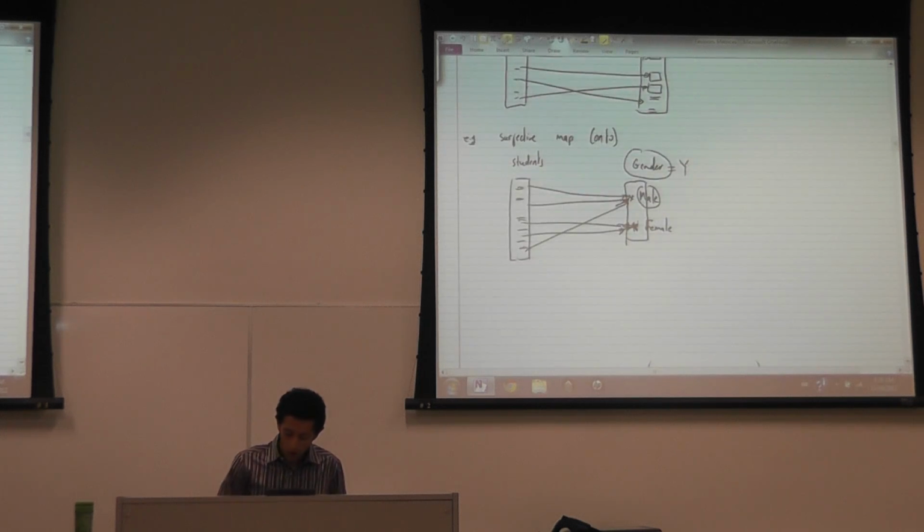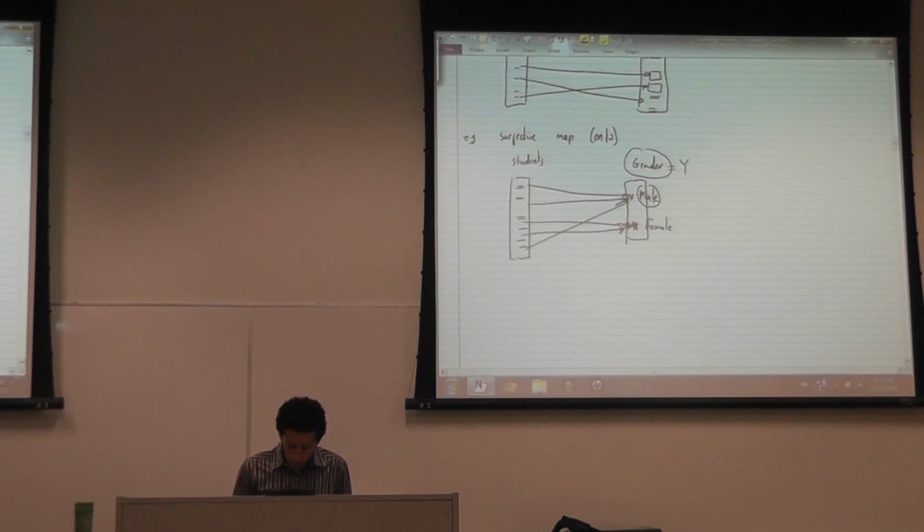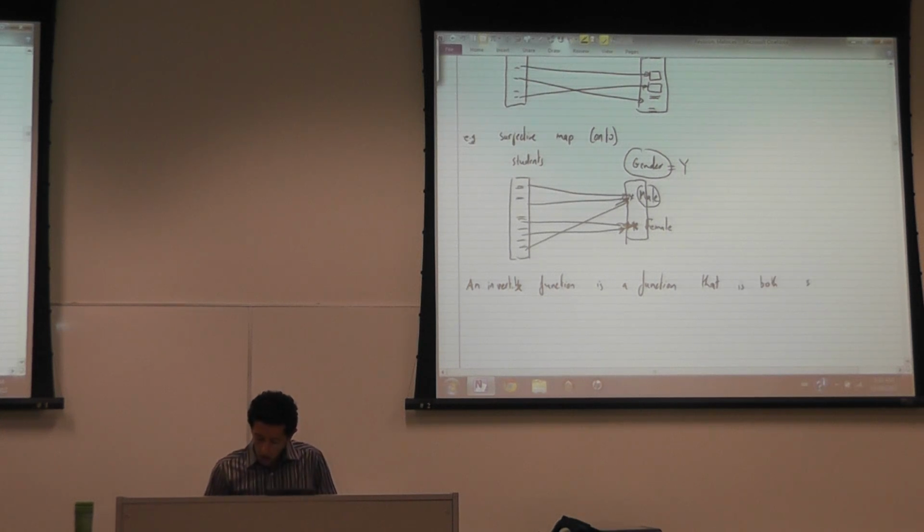An invertible function is a function that is both injective and surjective.